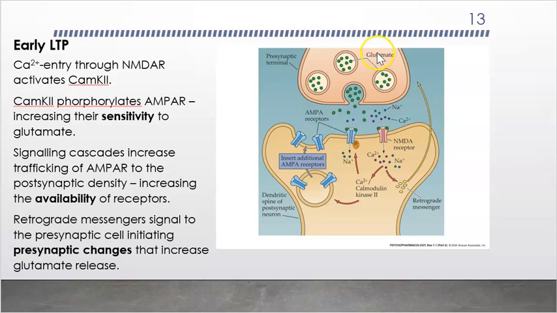So now we have extra glutamate being released from the presynaptic cell, which can now bind to these brand new AMPA receptors we have. So now we have extra glutamate, we have extra AMPA receptors, more AMPA receptors are active, therefore increasing the amount of positive ions into the postsynaptic cell. This means that we get a quicker depolarization of our postsynaptic cell, therefore increasing the rate of action potentials. Okay?